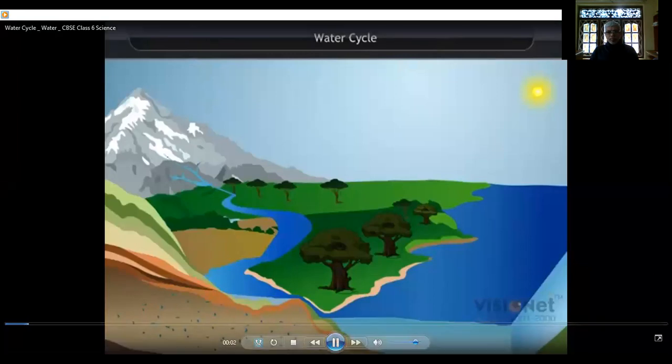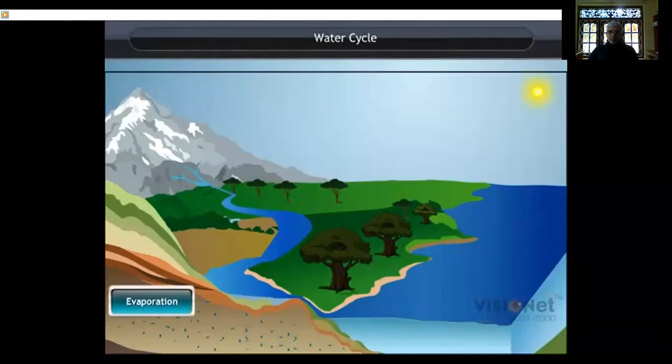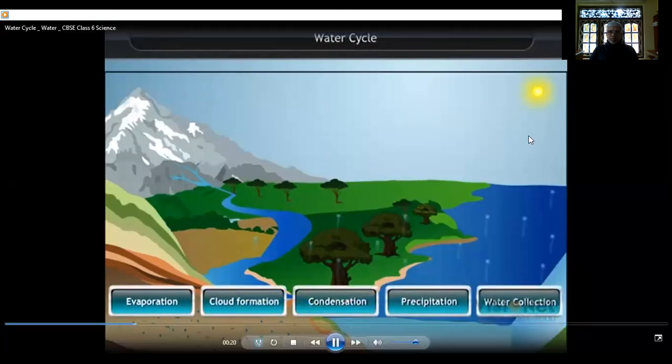The circulation of water between ocean and land is known as the water cycle. This cycle is made up of a few main parts: evaporation and transpiration, cloud formation, condensation, precipitation, water collection. Evaporation is when the sun heats up water in rivers or lakes or the ocean and turns it into vapor or steam.